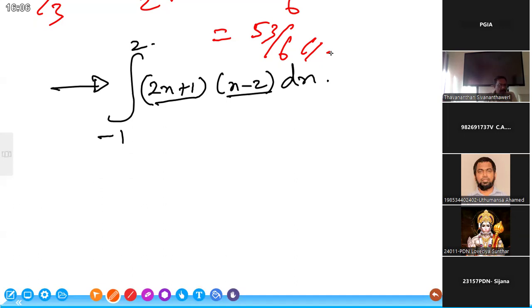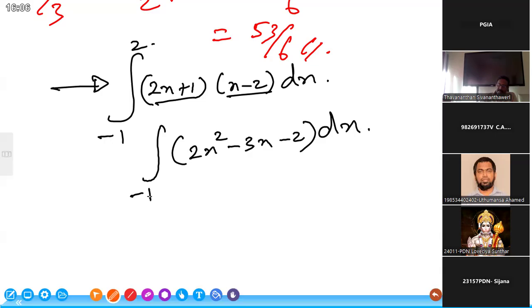This is how we can check it out. So this is the integral of 2x squared minus 3x minus 2 dx from -1 to 2. This is a simple way, right? Can you get the answer?